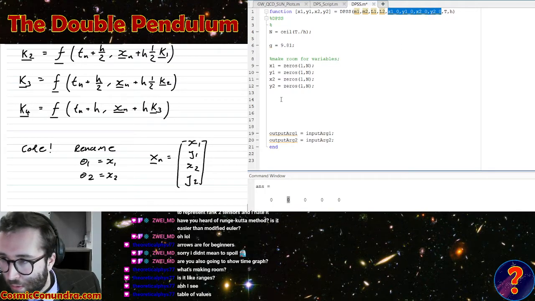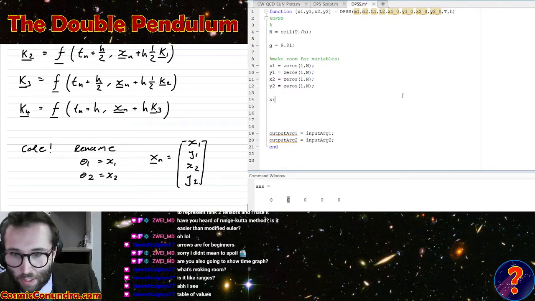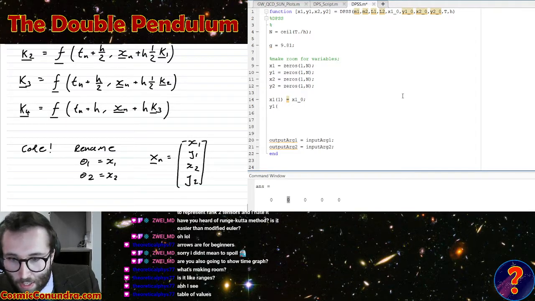Putting this into the matrixy language that we're writing things, this corresponds to the first element of x1 being whatever we input the initial condition to be, and likewise the first element of y1, which describes the speed of x1, being whatever I input y10 to be.